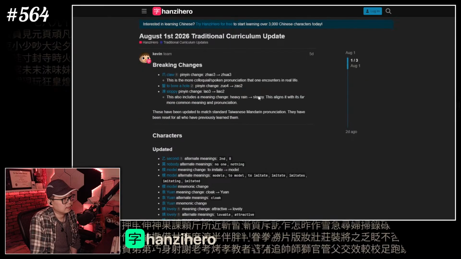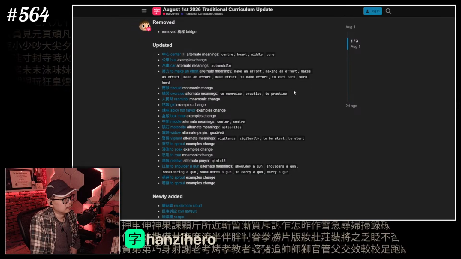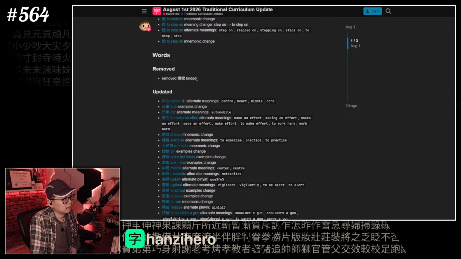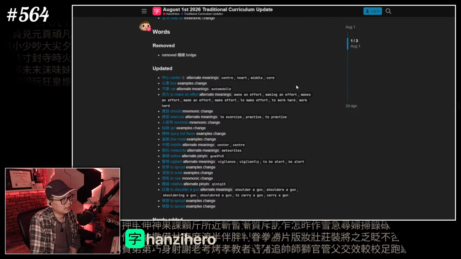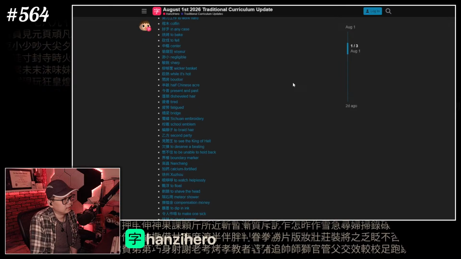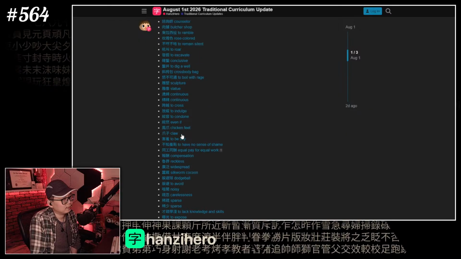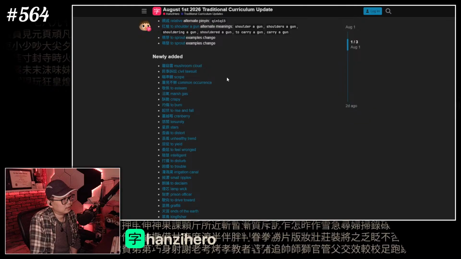Oh, that's simplified. So we got some word additions. It's interesting that this was removed. Qiaoliang, but we just got Qiaoliang just now, so I'm not sure what they removed. It's weird. So we got newly added, right? So I don't know how many these are, but it's clearly more than 100 of them, right?